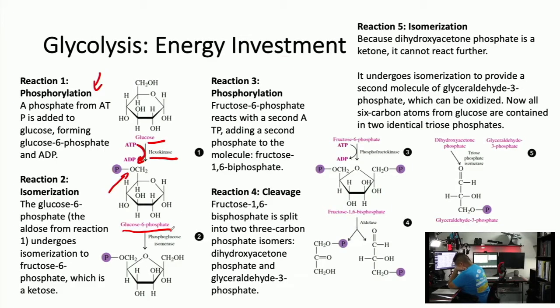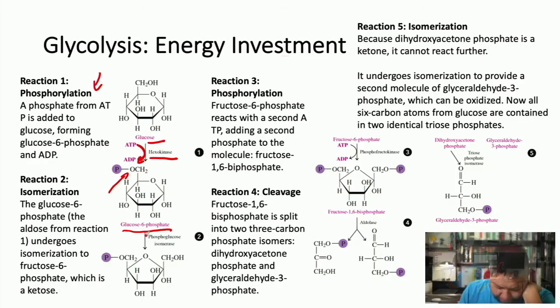Then in step 2, our glucose 6-phosphate encounters phosphoglucose isomerase. What it does is turn glucose, which was a hexose, into a pentose, a fructose now.